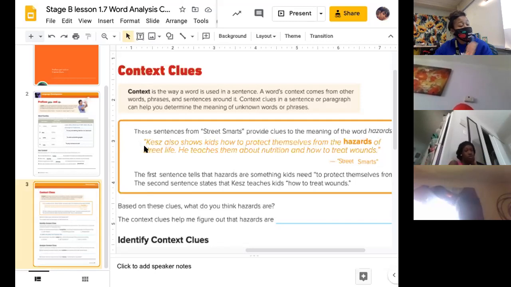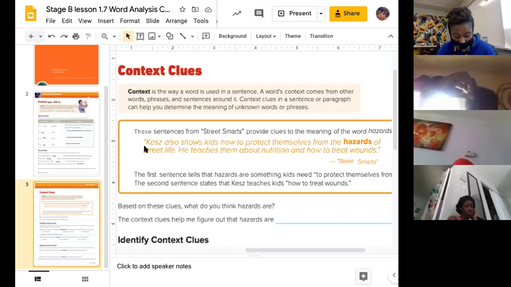The text also shows kids how to protect themselves from the hazards of street life. He teaches them about nutrition and how to treat wounds. Okay.